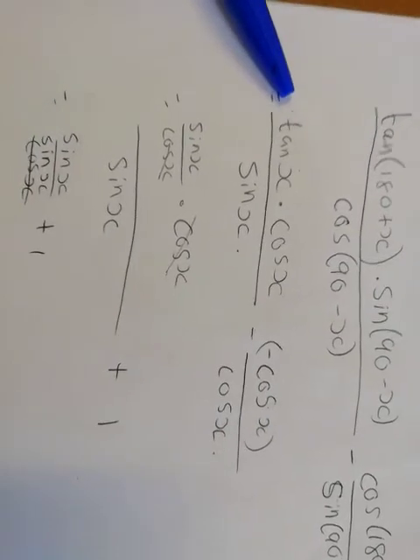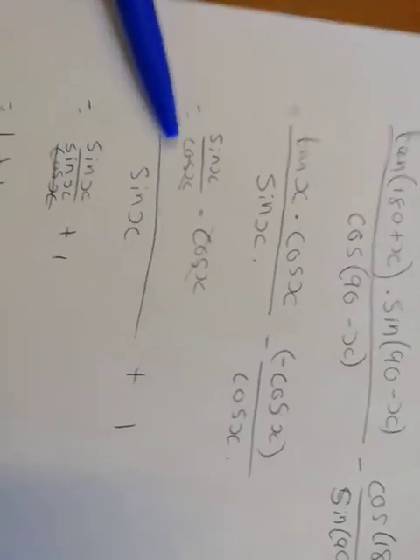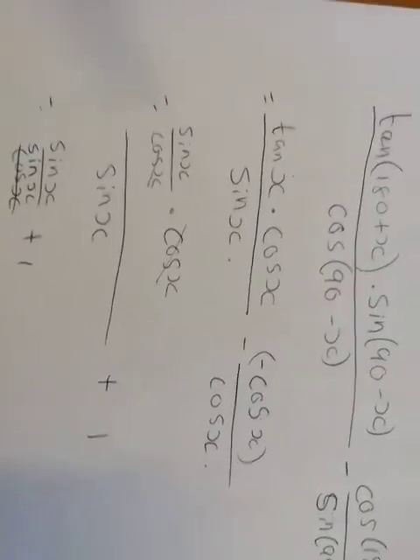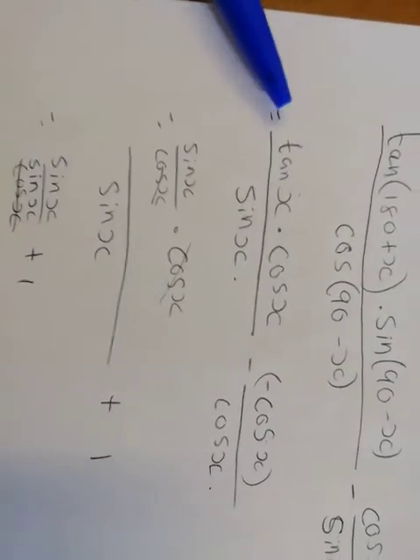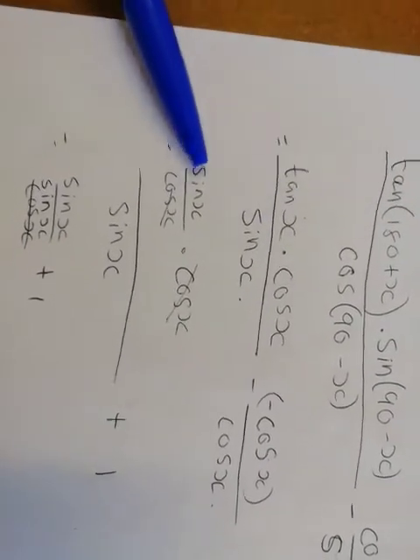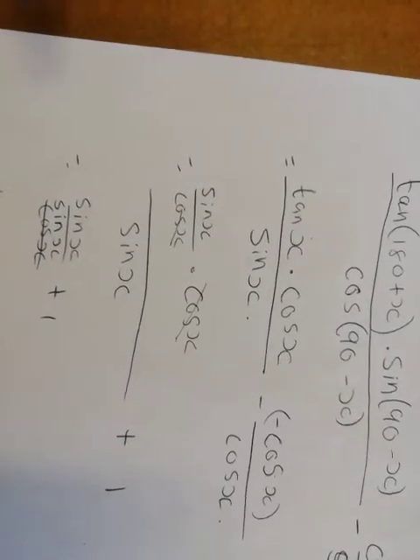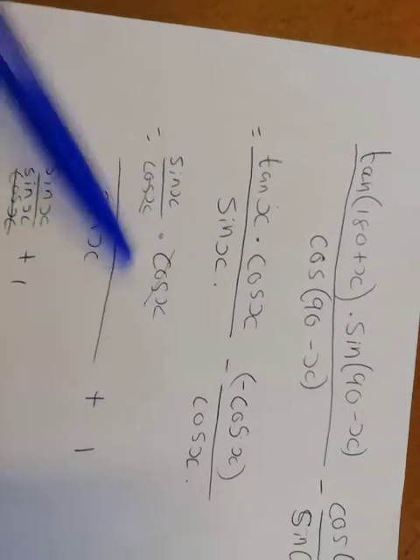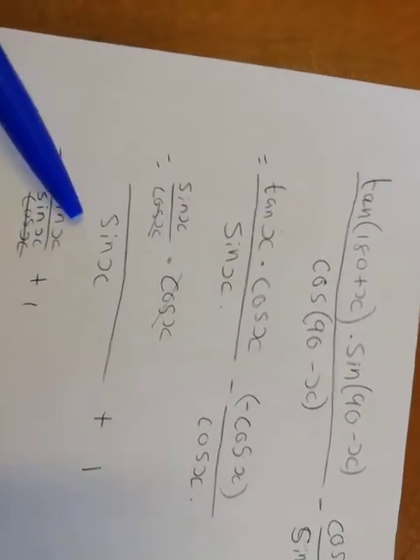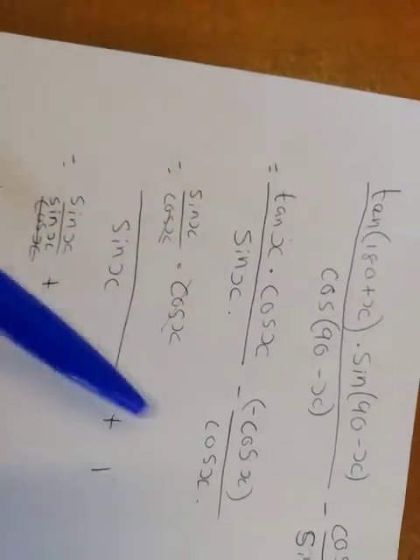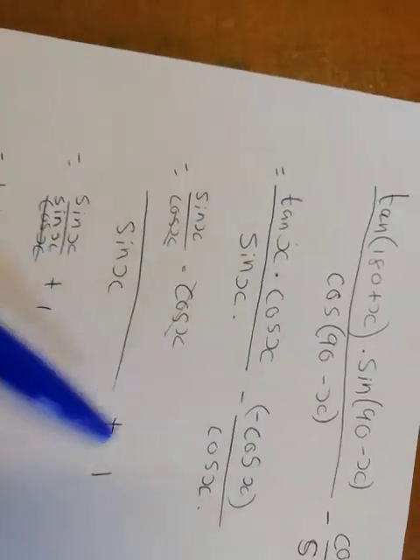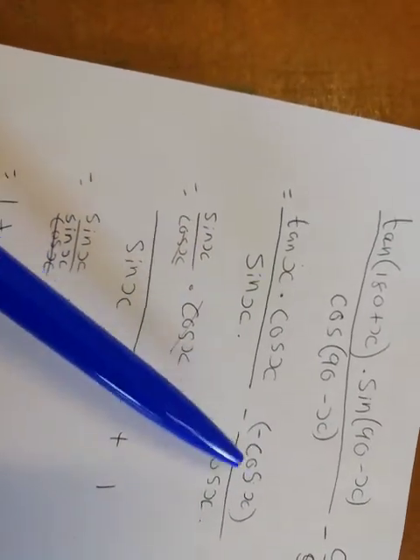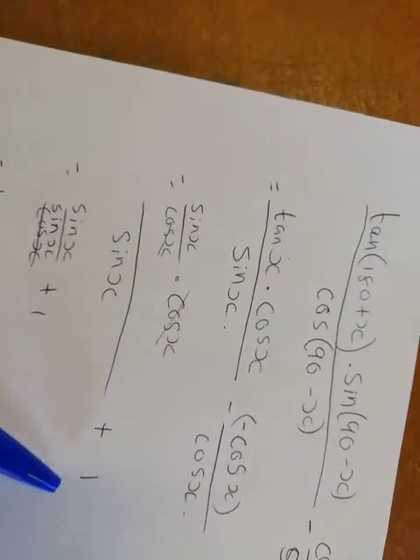Tan you can change to sine x over cos x. It is advised almost always to change tan x to sine x over cos x when you are working with identities. Then you have cos x stays the same, sine x stays the same, but for your second bracket you have a negative and a negative, which becomes positive, and you have cos over cos becomes 1.